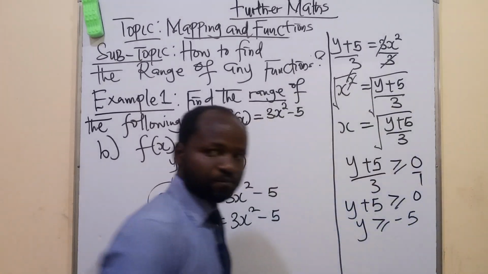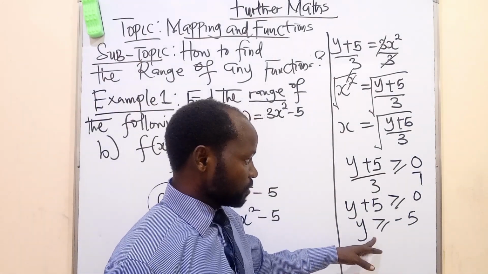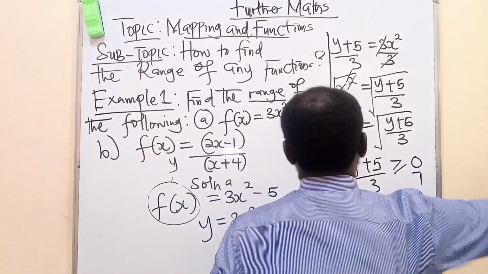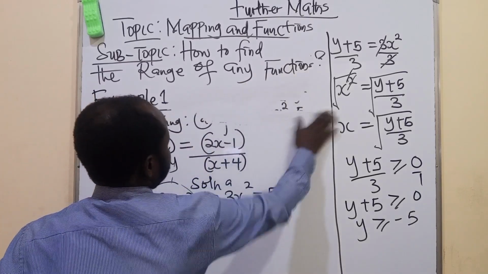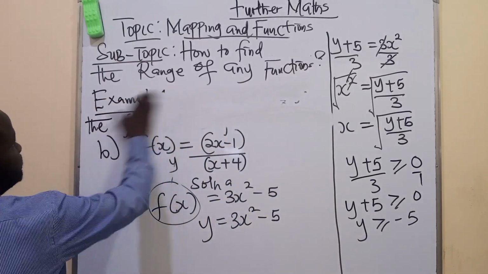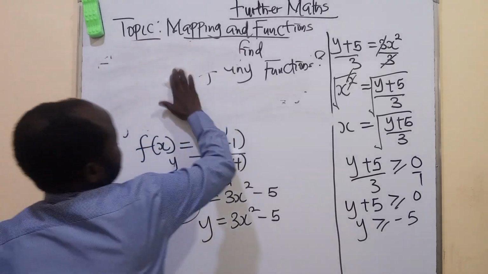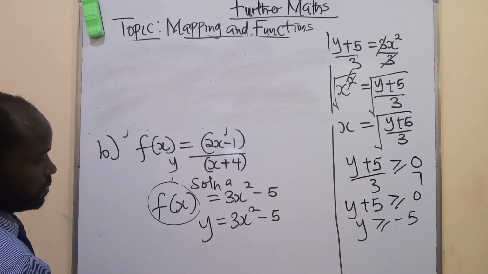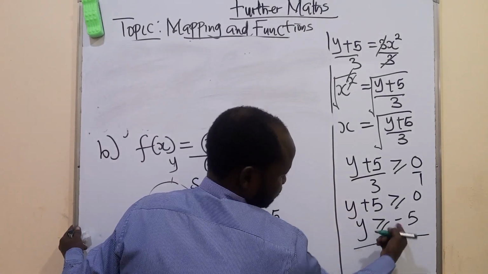So the range will be all real numbers such that y must be greater than or equal to minus 5. We are asked to find the range, so the range will be any number y greater than or equal to minus 5.